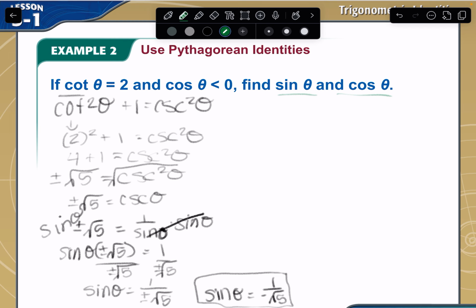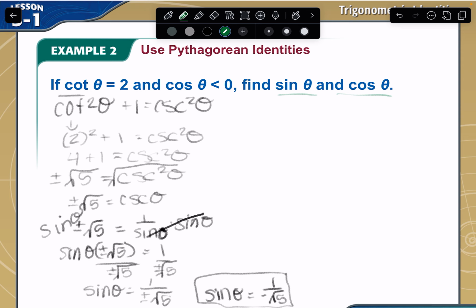On these questions, there's not a right or wrong way to get to your answer. There are other ways that you could work these out, as long as you're using the identities. On this one, that's where I would start. From here, I now need to know what cosine is.